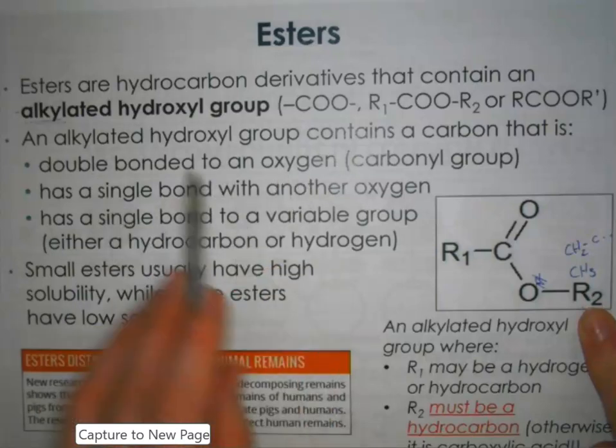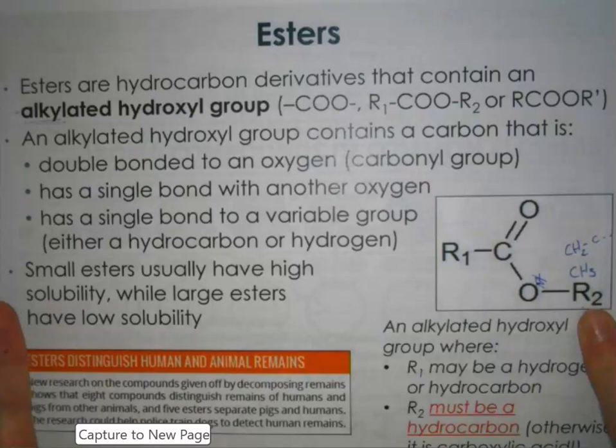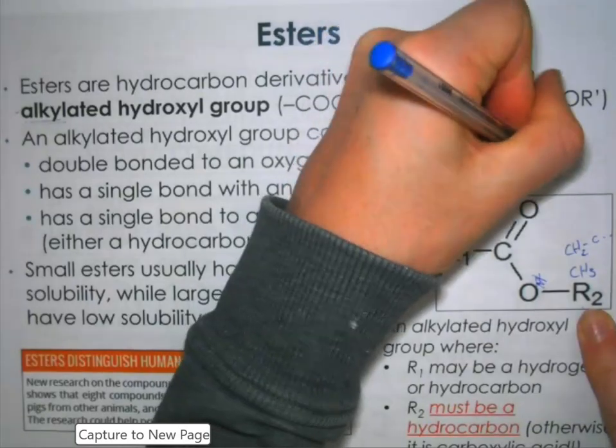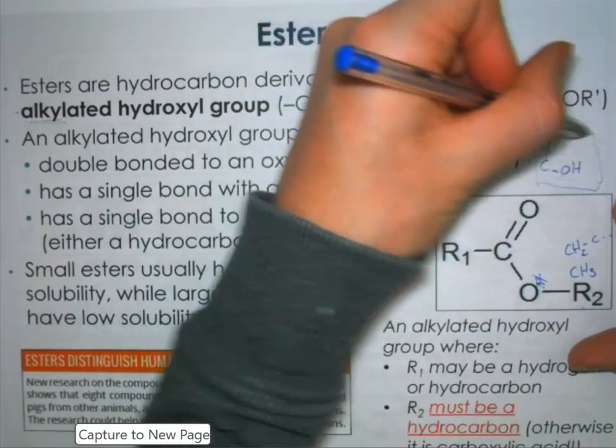Let's see. So alkylated hydroxyl group, remember just in the previous one with carboxylic acids, we talked about the carboxyl group, which was the C double bonded O and then OH, right? So that was carboxyl.